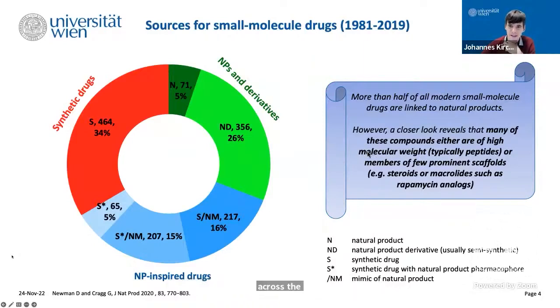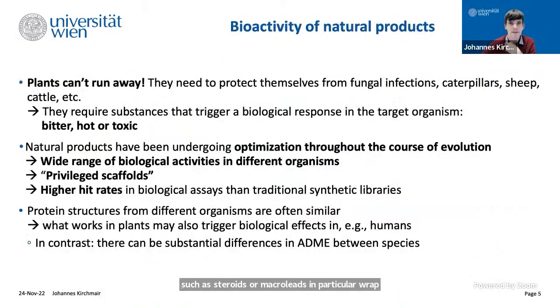We have mainly compounds with larger molecular weight, typically often higher than 500 Daltons. And we have an overrepresentation of some prominent scaffolds, such as steroids or macrolides, in particular rapamycin analogs.